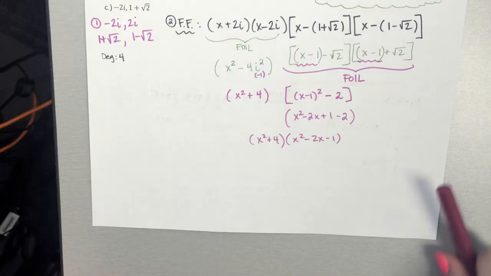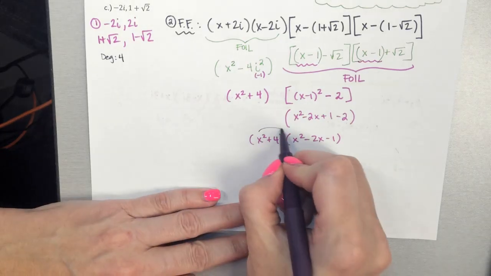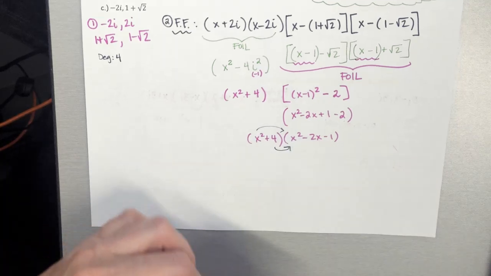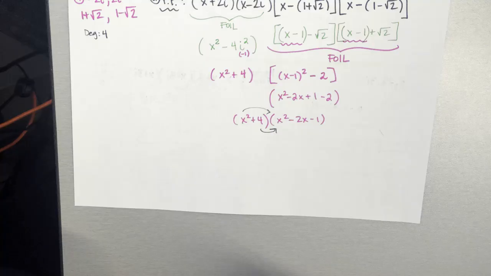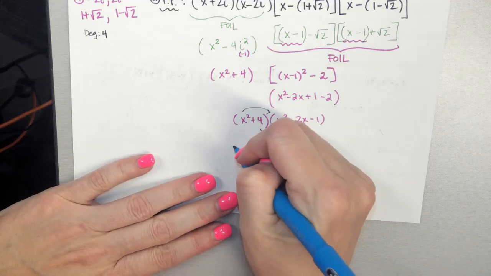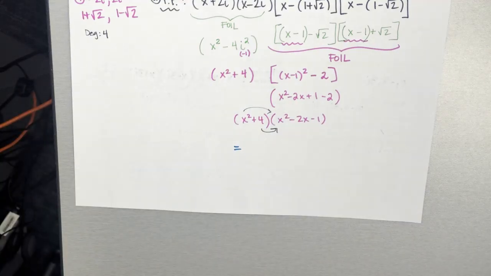Okay, and then we're going to distribute. Okay, and I know for some of you this is going to be quicker than others. That's fine. Okay, so we're going to distribute the x squared and distribute the 4.